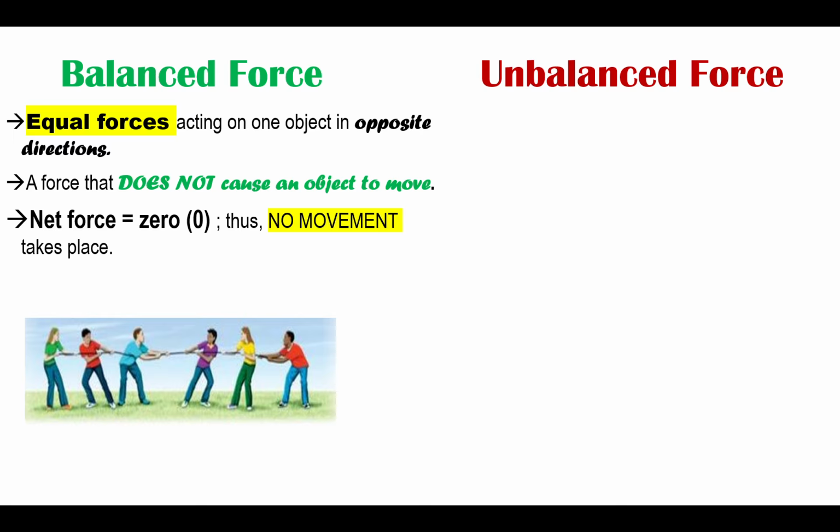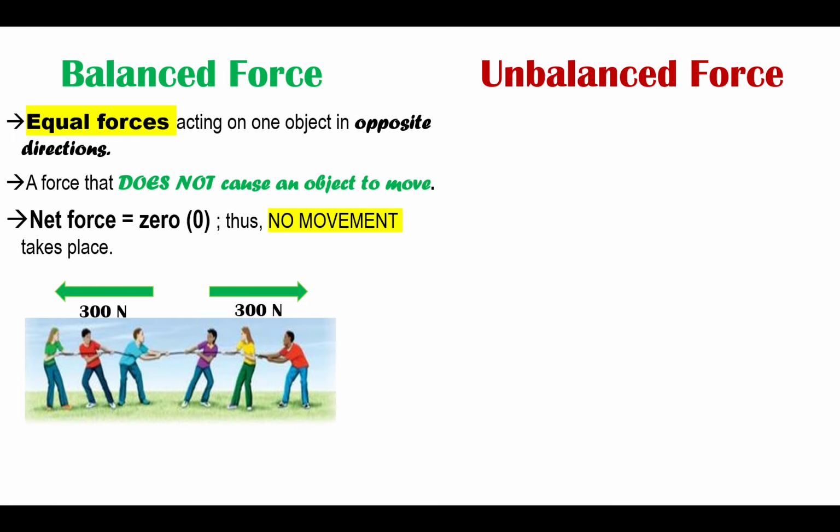One good example of a balanced force is a tug of war with equal strengths. For example, both teams here pull on the rope with equal strength of 300 Newton each, but in opposite directions. The force applied by Team A is 300 Newton on the left, while Team B applies 300 Newton on the right.